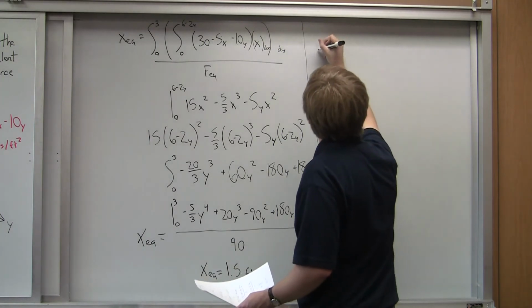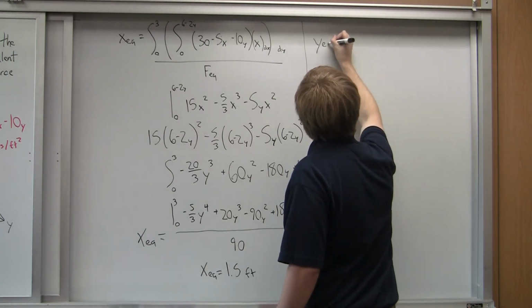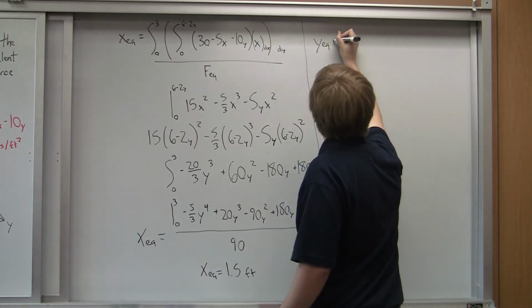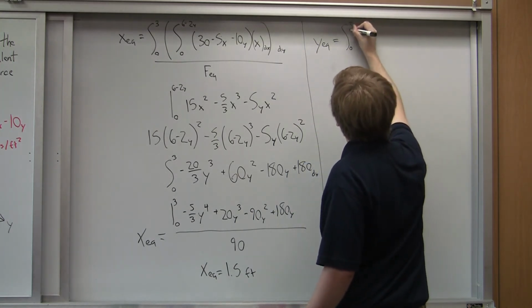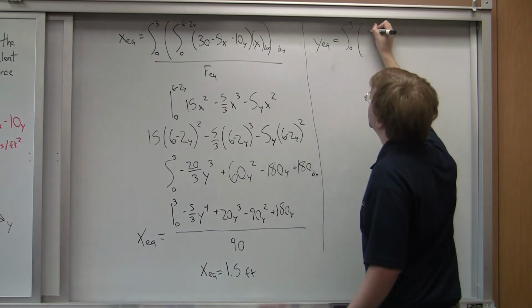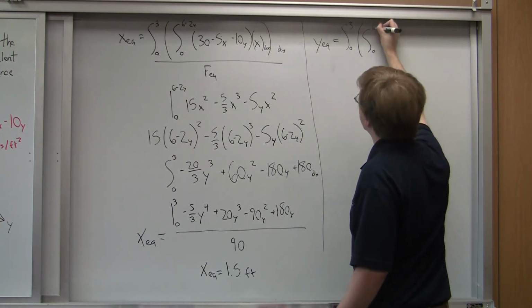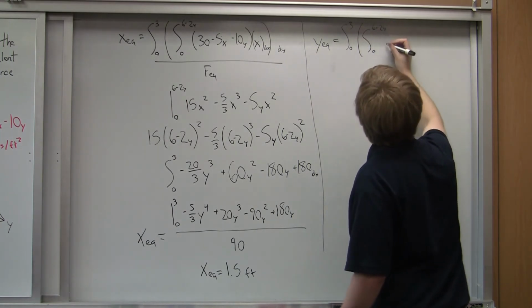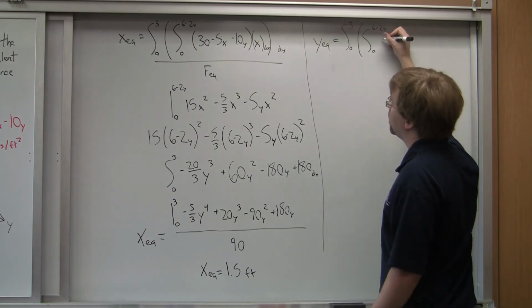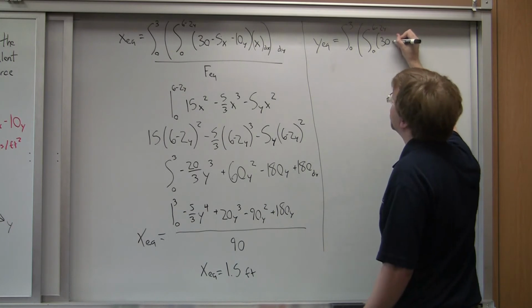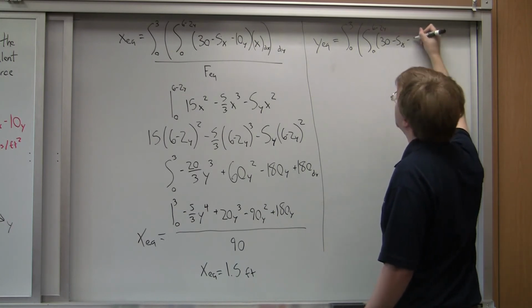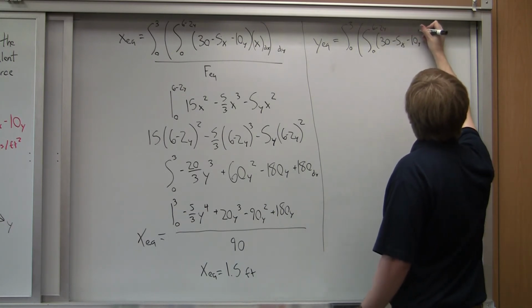So YEQ is going to be equal to the integral from 0 to 3 of the integral from 0 to 6 minus 2y of the force function, so 30 minus 5x minus 10y.